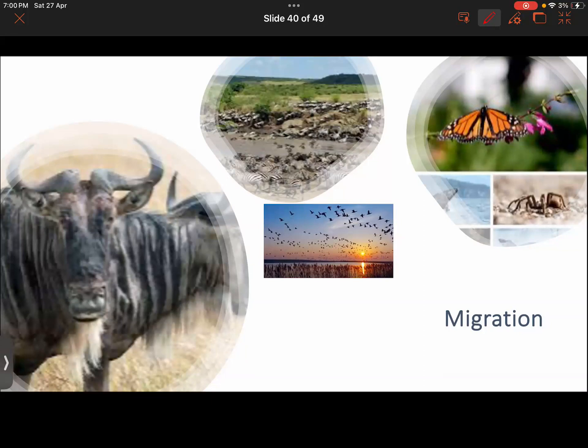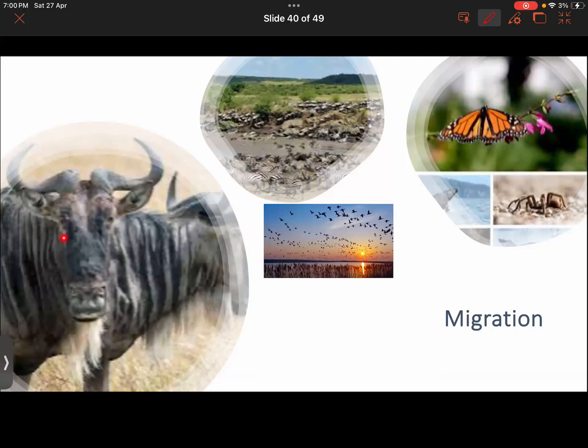That is called migration. Particularly and mostly it is seen in birds only, right? No. Many times we speak of the migration of birds, but some other animals also move from one place to another according to the season.